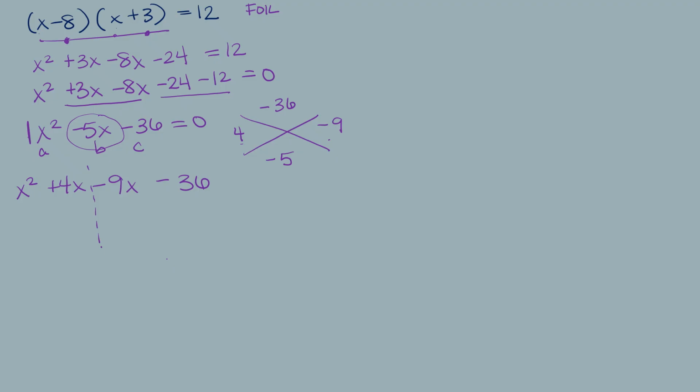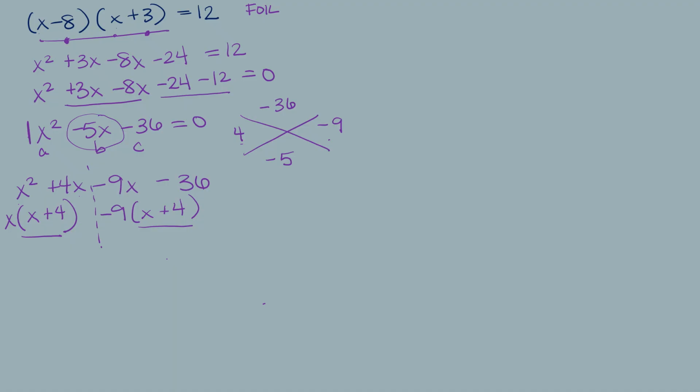So when we have these little mini equations, we can see that we can take out an x from both of these, and we're left with x plus 4. And then on the right side, we can take out a negative 9, and then we're left with x plus 4, which is fortunately also the one that we got in the previous parentheses. And you want these to be the same. If they're not the same, it's a little more complex.